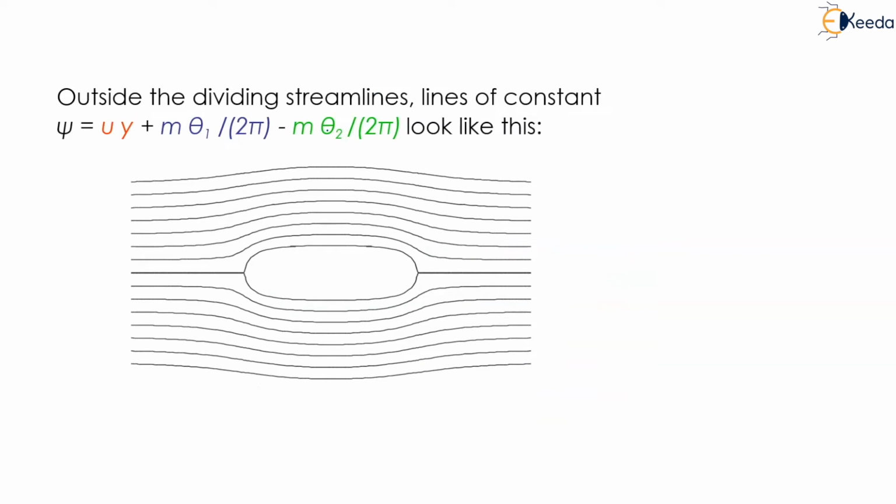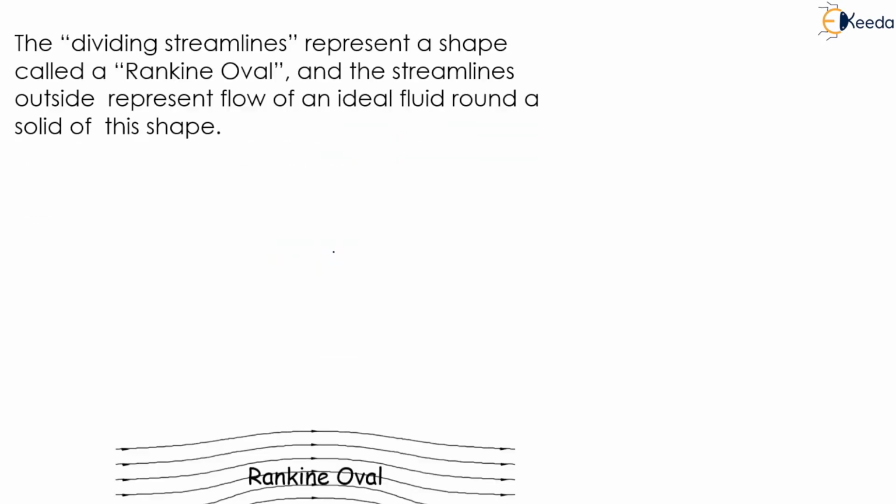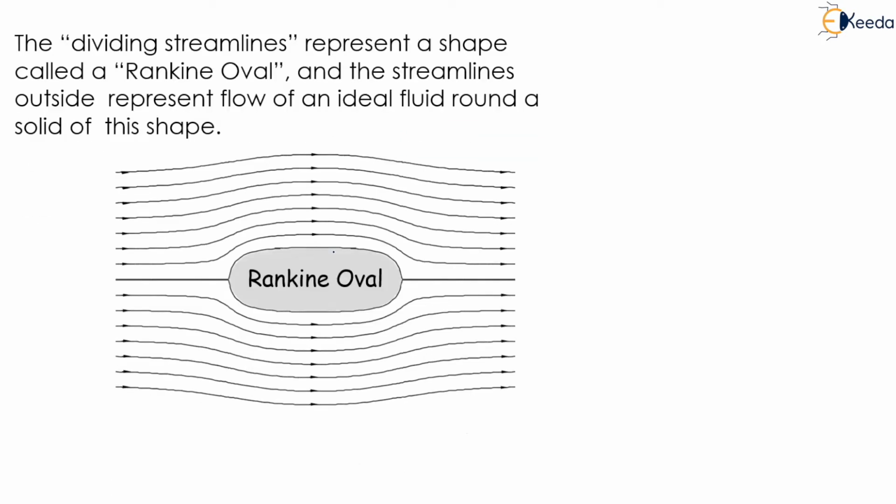Outside the dividing streamlines, the line of constant psi is equal to uy plus m theta 1 upon 2 pi minus m theta 2 upon 2 pi, and this looks like this. Now the oval has been formed, the flow does not penetrate through this oval, and this oval is termed as Rankine oval.